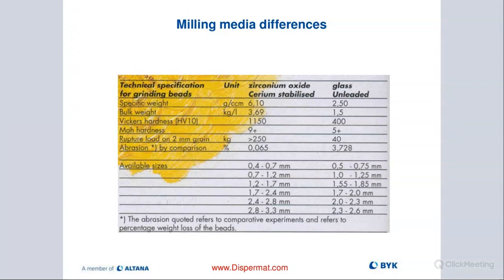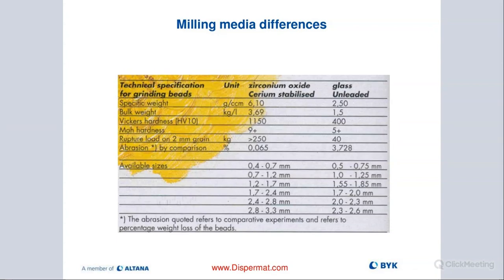And then obviously there are different media sizes. Media size always depends on the particle size where I'm at. And then I want to select the correct media to work with the particle size. So if you want to go down to, let's say, 100 nanometers, I wouldn't use a 1 millimeter bead.